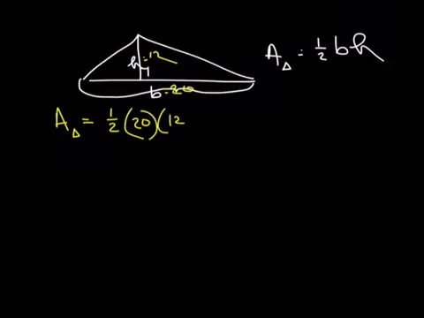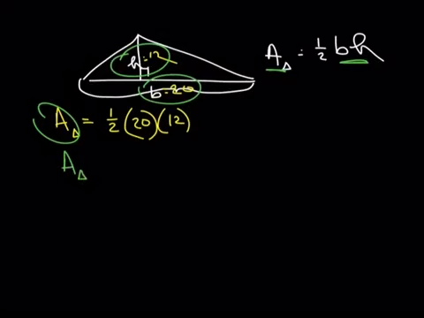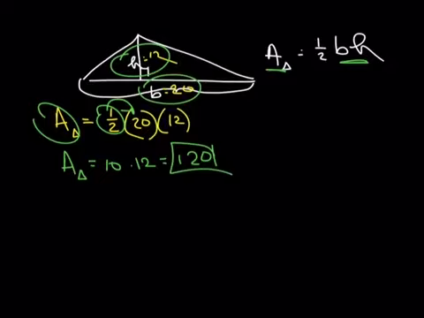And the height is 12. So we had three variables right here, but I gave you the answer to two of them, so you're just finding this. The area of that triangle is going to be 1/2 of 20, which is 10, times 12, which is going to be 120. So the area of that triangle is 120.